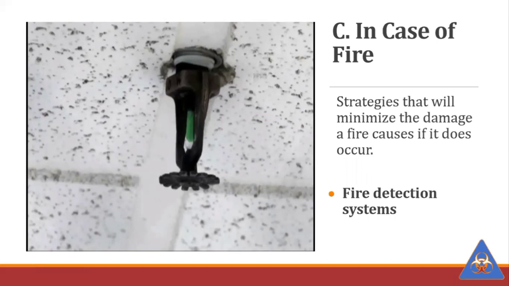So this fire detection system will detect, such as the smoke detection system, and for example the water sprinkler, it detects heat. It will activate the smoke detector when it absorbs smoke, it will alarm and it will also activate the water sprinkler.